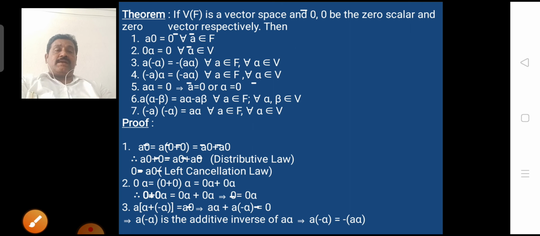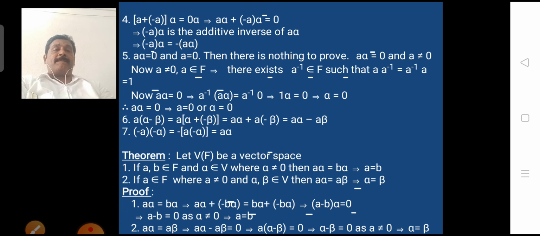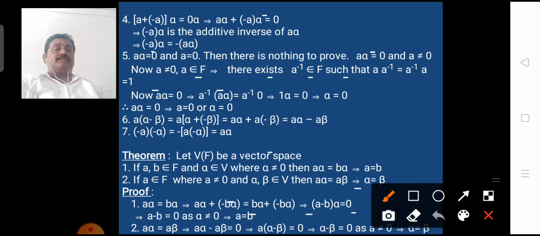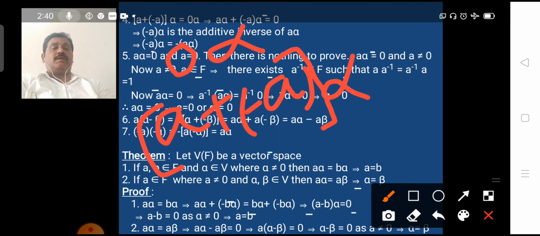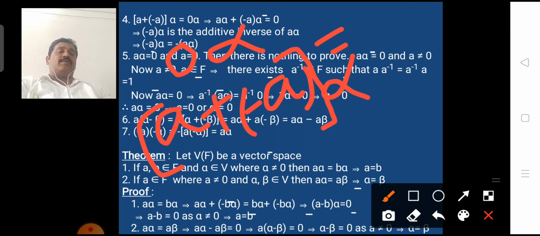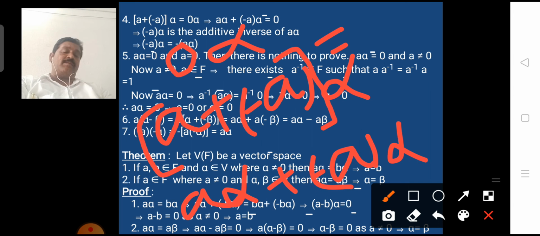Next, proof for 4: minus A into alpha. Now, A plus minus A into alpha. This is 0 alpha, equal to A plus minus A into alpha, equal to A alpha minus A into alpha by the distributive law.